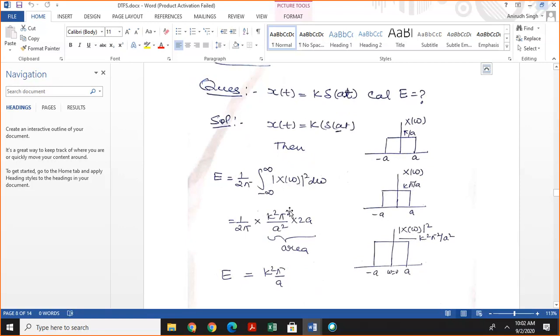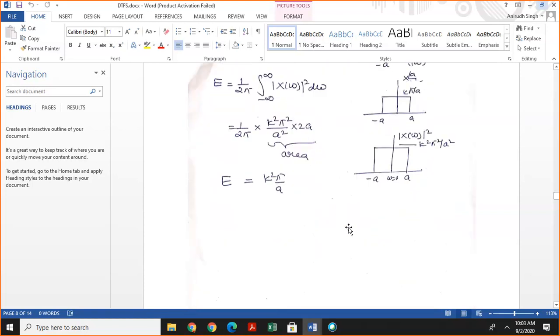If we multiply the square of height by the width of the pulse, 2a, where 2a is the bandwidth, we get the area, and if this area is multiplied by 1 by 2 pi, we get the energy of the signal. So we can calculate the energy of this signal in the frequency domain very easily by using Parseval's relation.